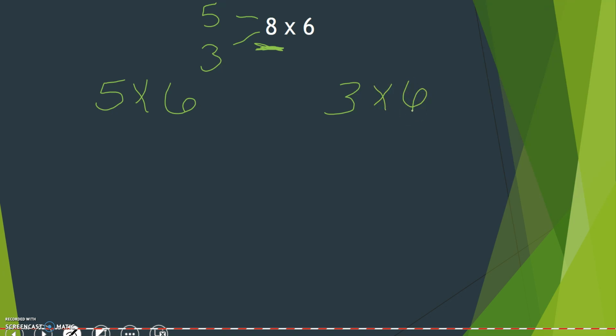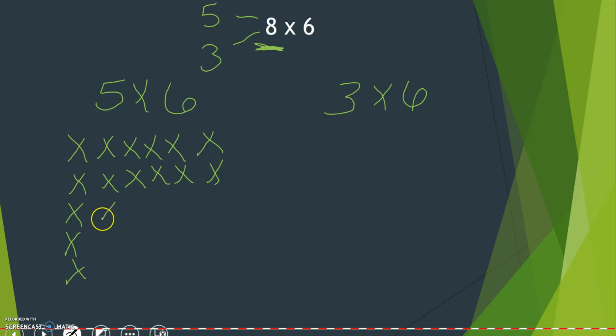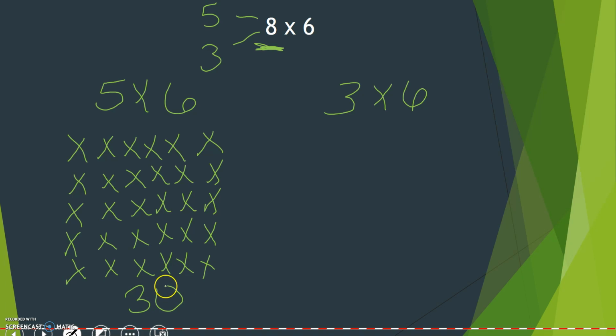So I can use a strategy to solve 5 times 6: 2, 3, 4, 5. Fill in my array. And that's going to give me 30.